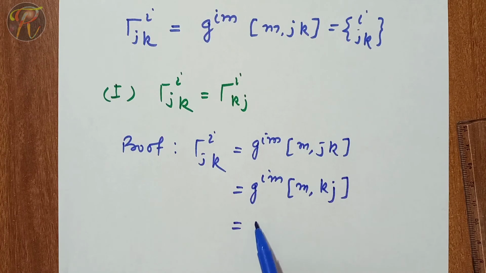So this equals, by definition, gamma^i_kj.